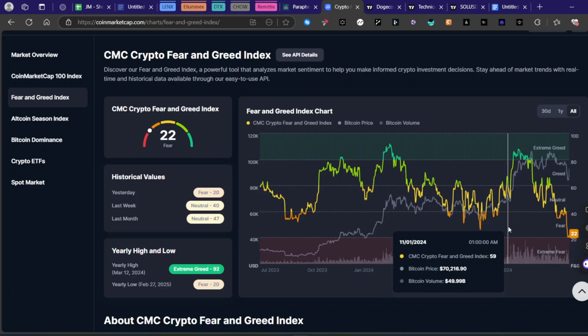When talking about safe haven demand, if traders are moving into safe assets like gold or bonds, it often signals fear in the market.